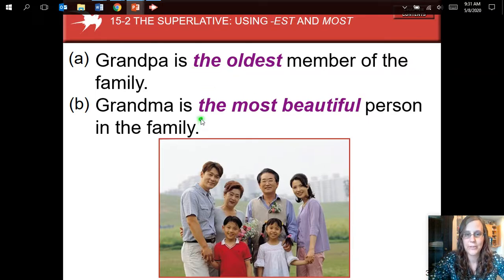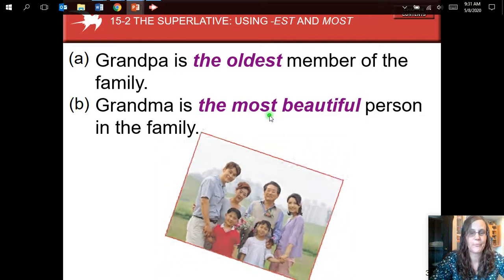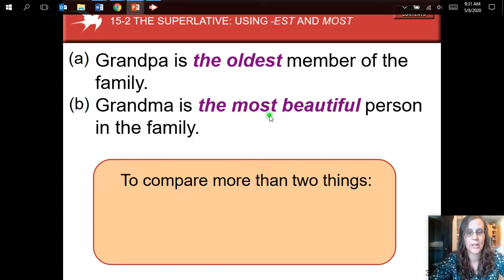And the second form is the most beautiful, right? The most, so most beautiful. We'll take a little closer look.